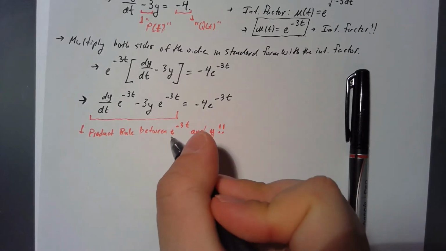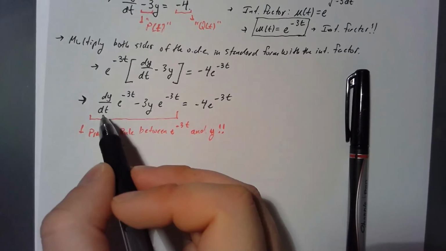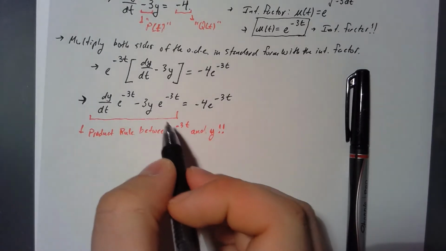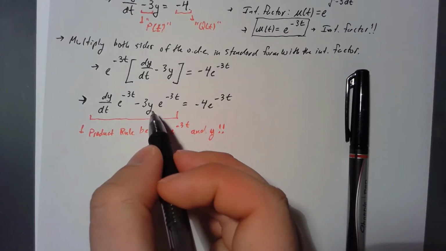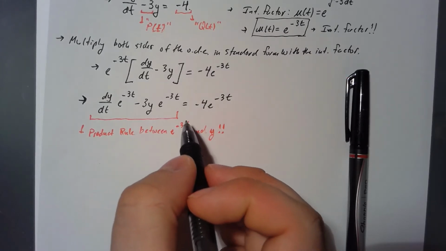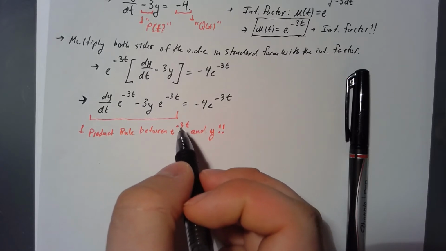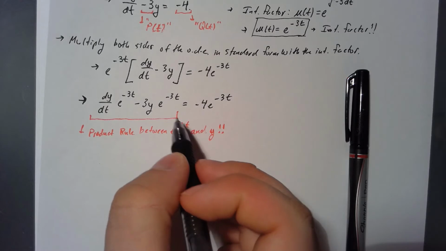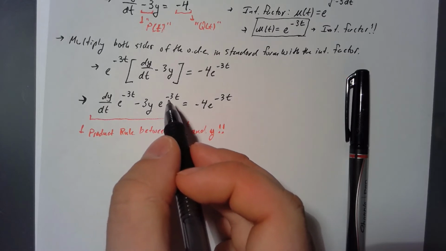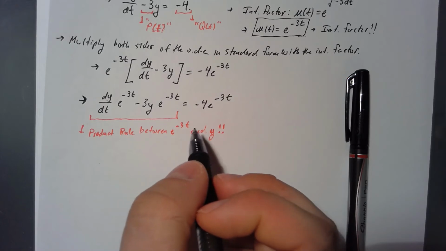High is y, and the derivative of y is dy/dt. There it is. Plus low, which is e to the negative 3t, times d high, the derivative of e to the negative 3t. Use the chain rule: you get a net factor of negative 3 times e to the negative 3t. There it is. That's really cool.